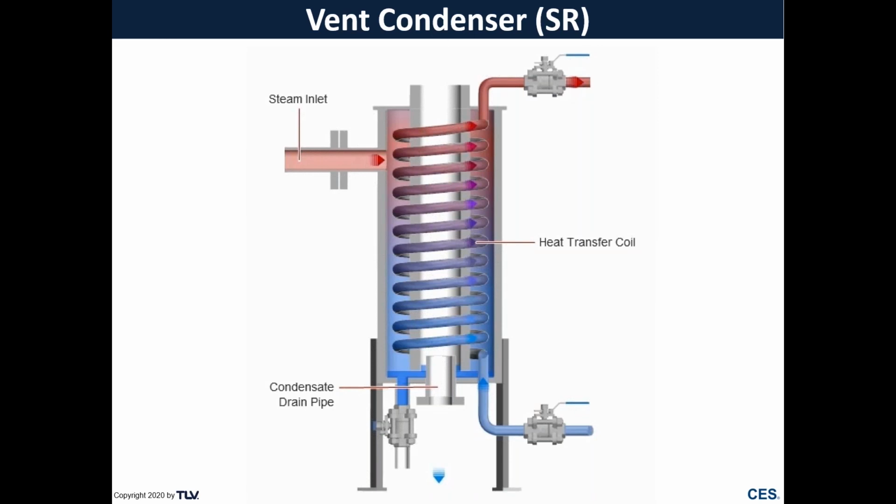Another comment worth making here is that to really maximize the benefit of installing a unit like this, we need to have a use for this cooling water that we're routing through the vent condenser. We don't want to send in cold water and turn it into hot water just to send it back to the cooling tower and lose all of that energy to atmosphere. That's what we were doing anyway.